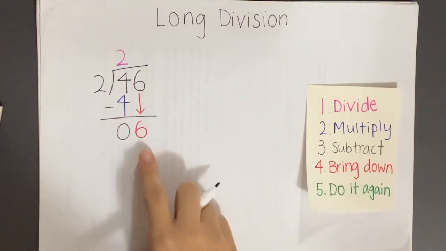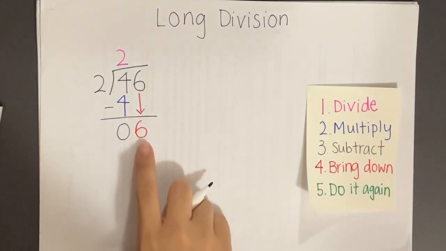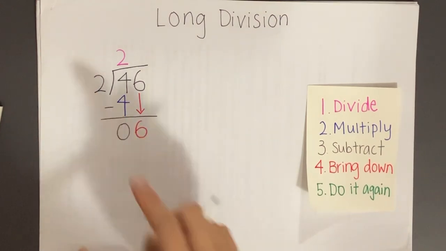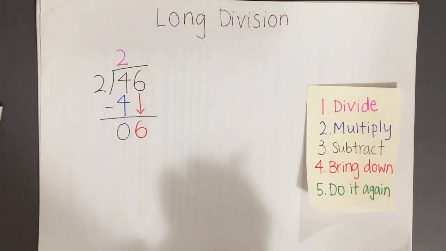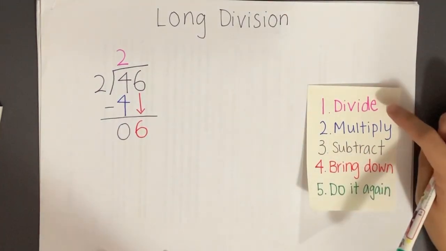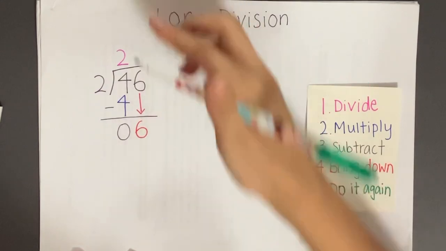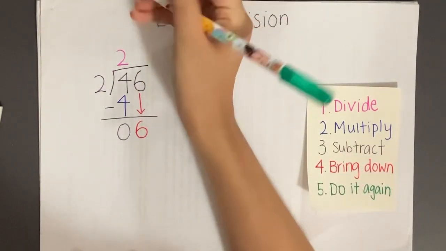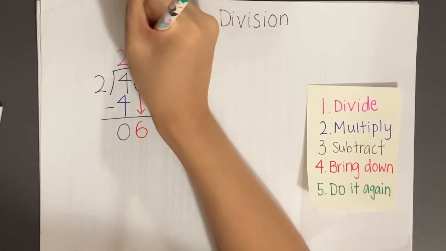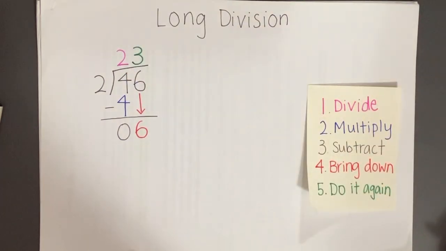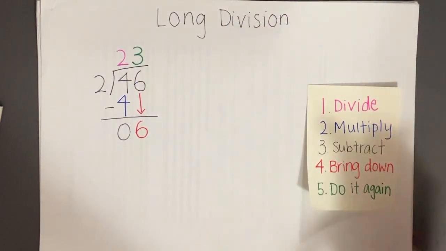So now I take what number I have left, which is 6. 6 divided by 2 is 3. Since I'm going back to the first step again, I need to start from the top again. So I write my 3 at the top. And then I continue with my steps.